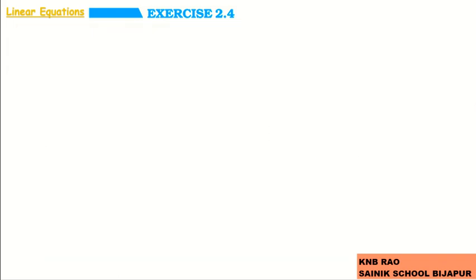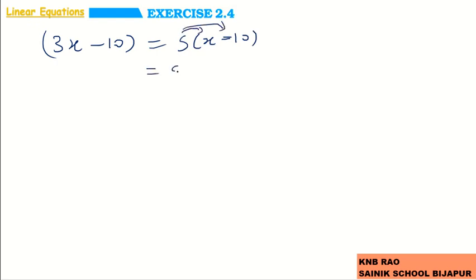Continuing further, 3x minus 10 equals 5 times x minus 10. It is the distributive property, multiplication over subtraction. So 5 into x, 5x, minus 5 into 10 is 50.